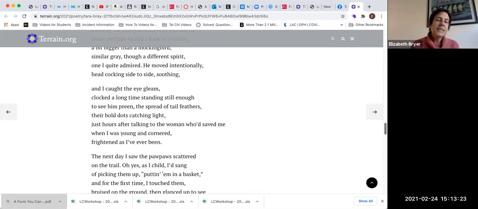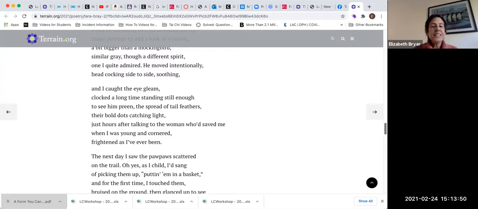So she sees a gleam in his eye, watches him a long time, and she's being really still to not disturb him, to see him preen. I think preening means kind of showing off or strutting. I'm not sure. The spread of tail feathers. So maybe he's spreading his feathers to find a mate or something.